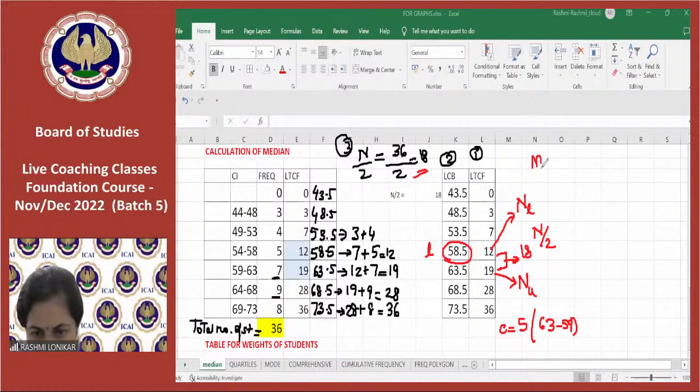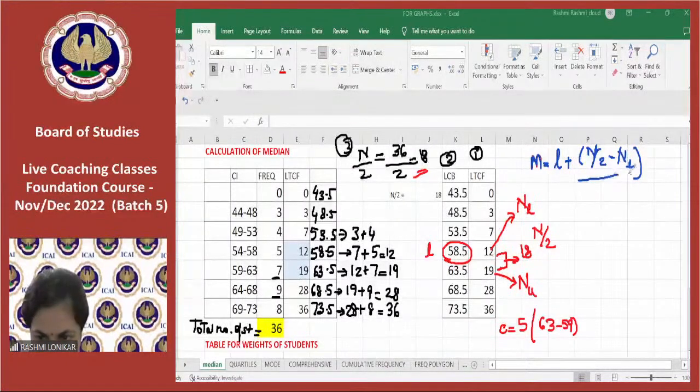Median is equal to L plus N by 2 minus NL upon NU minus NL into C.